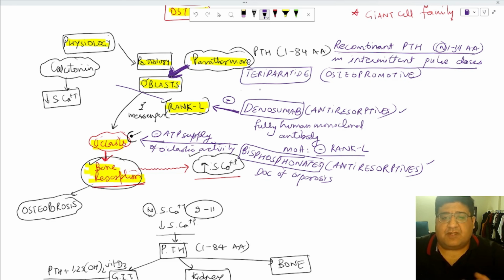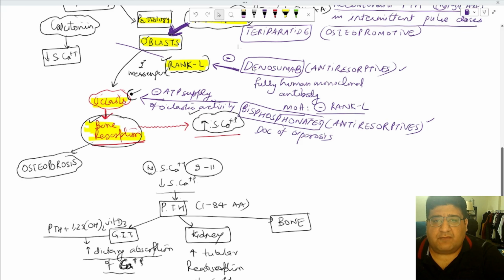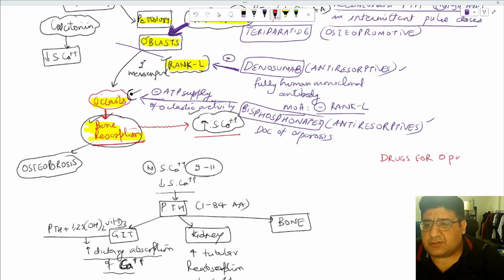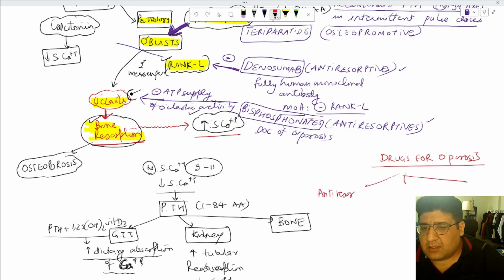So we have concluded something today. If you want to remember drugs for osteoporosis, you can put them under three modalities. Number one, anti-resorptives, number two, osteopromotives, and a combination therapy which is anti-resorptive plus osteopromotive.